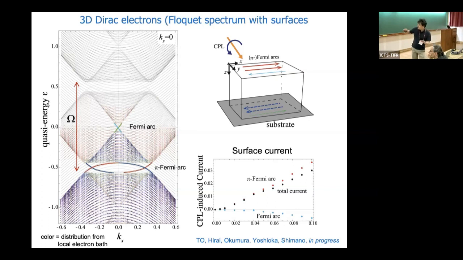Usually, as you know, the photocurrent is a perturbative process, and it's quadratic in E. Okay. Thank you. Any more questions? If not, let's thank Takashi again. Thank you very much.